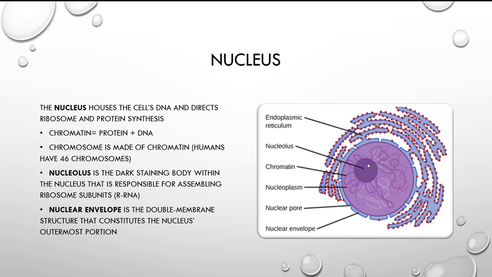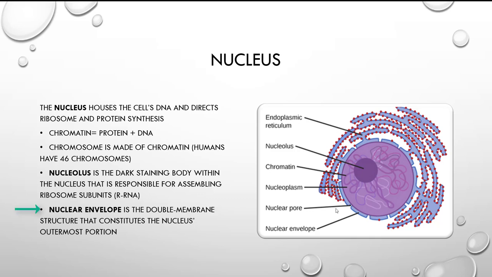And we'll talk about ribosomes in a little bit. So we have the nucleolus that houses the building blocks of a ribosome. We have the regular nucleus part that houses the chromosomes that contain the DNA. And then we have a double membrane that holds the nucleus, which is the nuclear envelope.